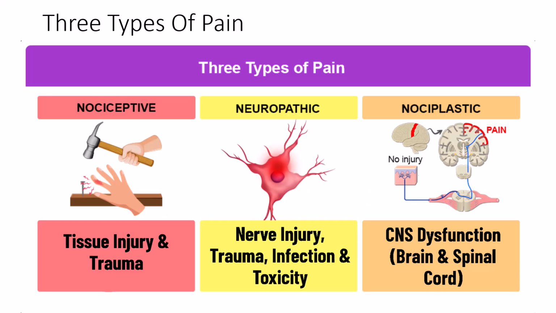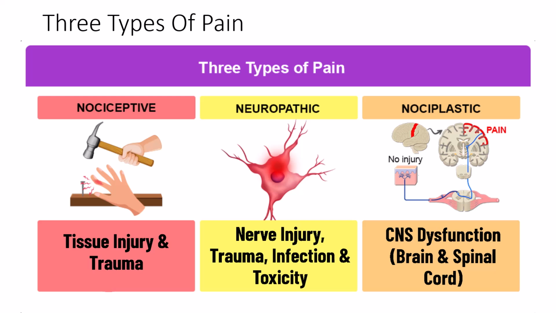The first 3 videos of this series focused on using FSM to relieve each of the 3 types of pain. There is one video on each of the types of pain. You'll remember that the 3 types of pain are nociceptive, neuropathic, and nociplastic. Nociceptive pain is pain from injured or damaged tissue.